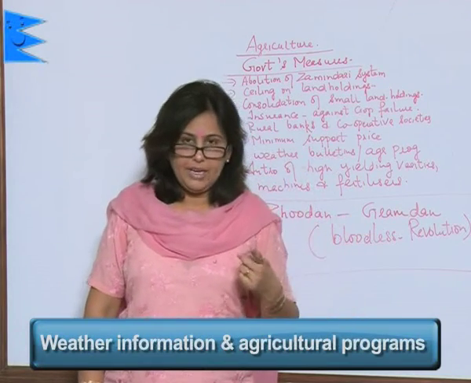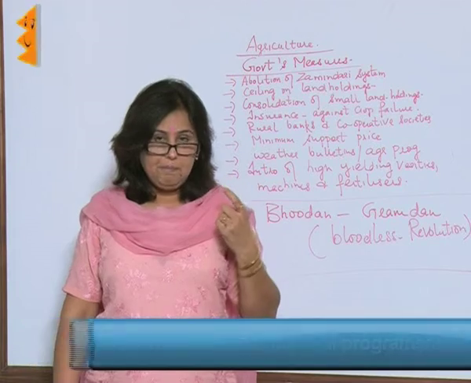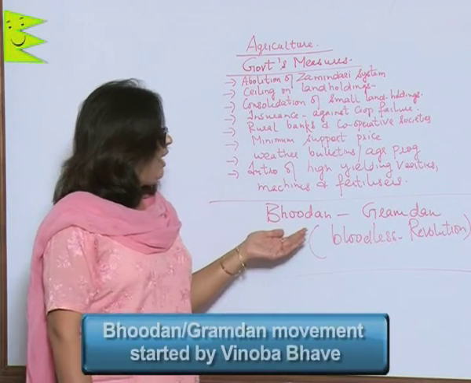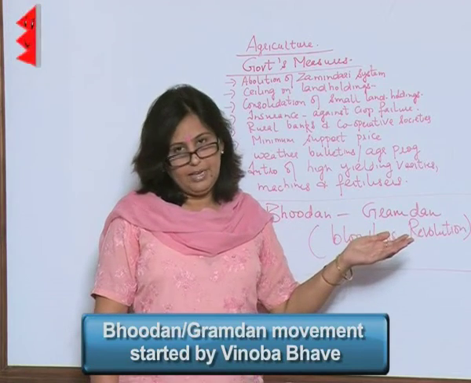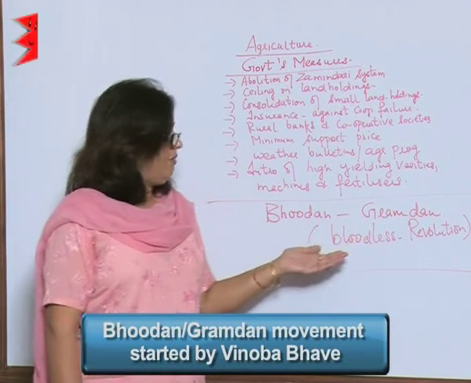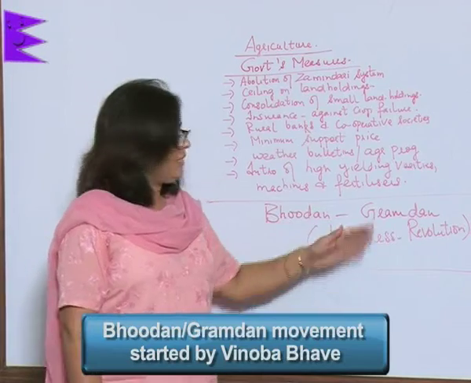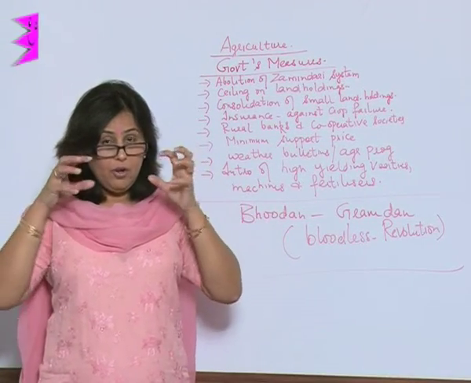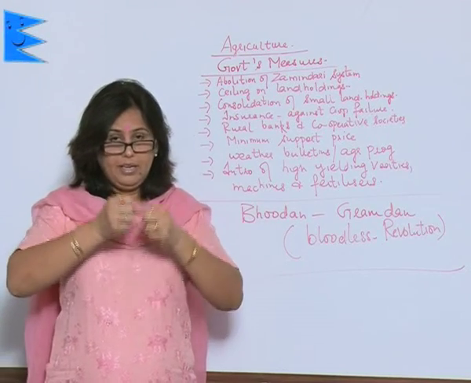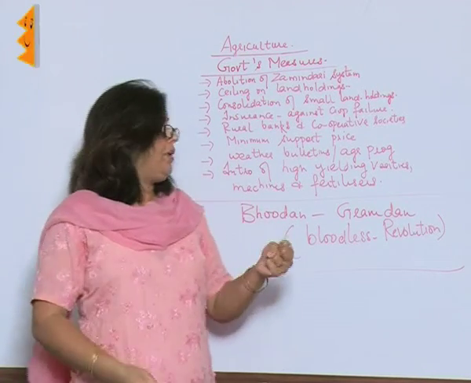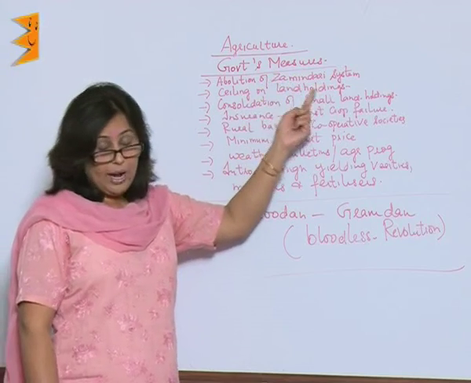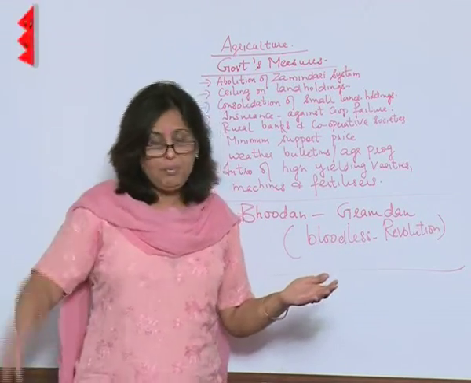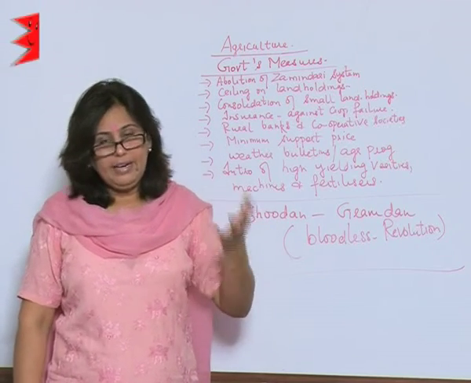There was one movement in India which is remembered in agriculture as a landmark, and that's the Bhudan or the Gramdan movement, as it was called. It was started by Vinoba Bhave and is also called the bloodless revolution in India, because here Vinoba Bhave told the big people, the zamindars, the people who had big land, that they must redistribute their land to the poor landless farmers.